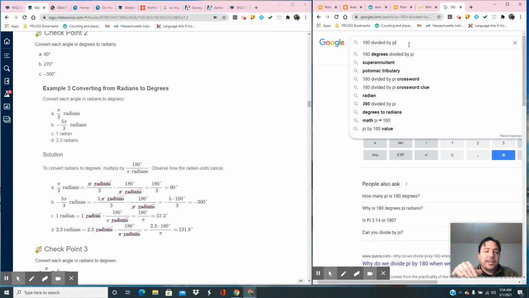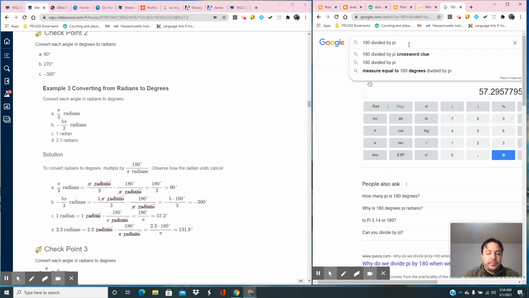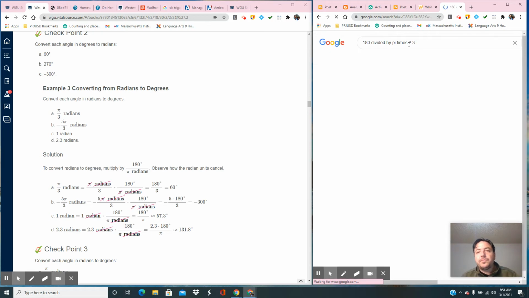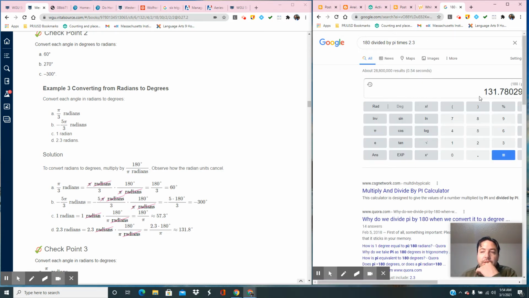The pi's got to be on the bottom. Times 2.3. Oh, 131 degrees. Okay, a little bit more than 130. So there we go. All right. So, okay, very good.